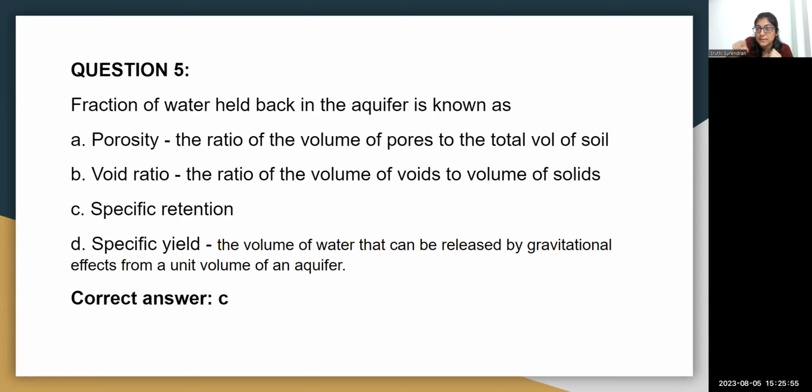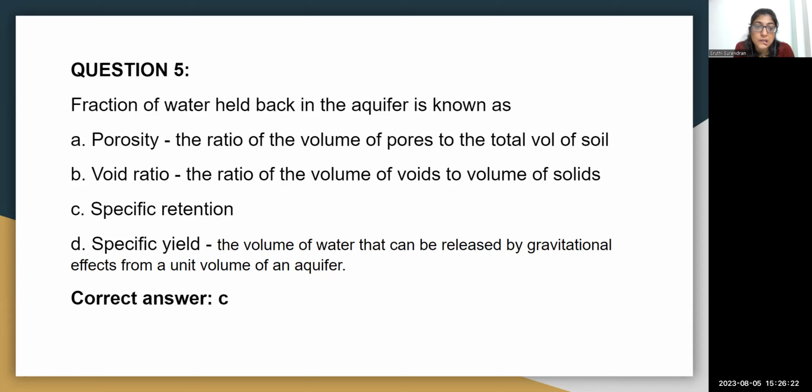Again, pore spaces are there, and inside those pore spaces also water will get retained. Such water that is retained in the aquifer against the force of gravity is called specific retention. So whatever water is flowing out as a result of gravity is called the specific yield, and whatever water remains is called the specific retention.